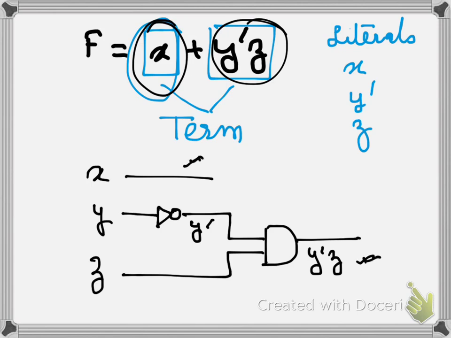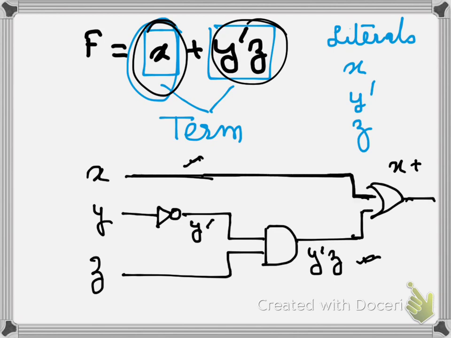These two are connected by the OR operator, OR gate. So I am going to use an OR gate with this. So this is the OR gate. What I get here is x OR, this is x, that is the input which is coming to this gate, or what else is coming? y dash z. So this is our function F.